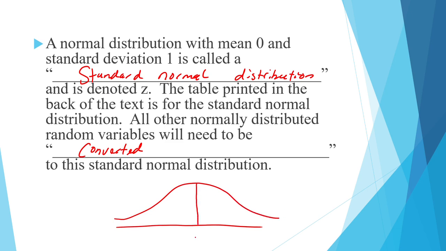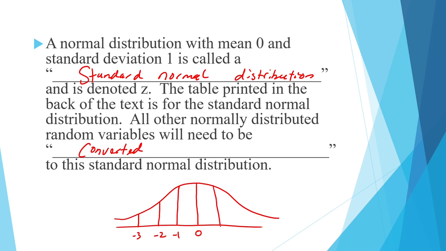If you look at the normal distribution, the mean is equal to 0 in the center. That's 50% of the data is going to be to the left of it, and 50% of the data is going to be to the right of it. We have -1, -2, and -3, which means it's 3 standard deviations below the mean, 2 standard deviations below the mean, and 1 standard deviation below the mean.